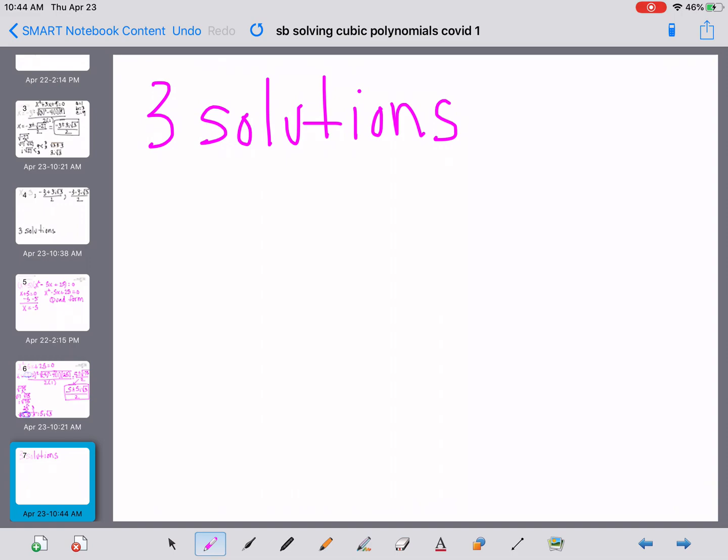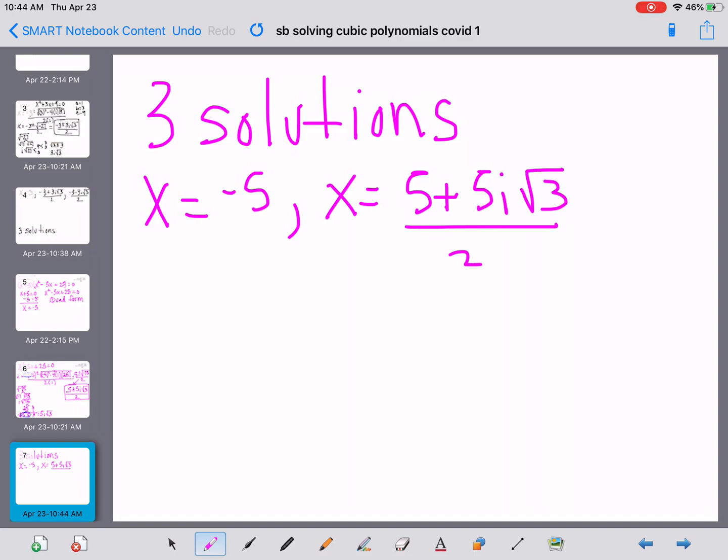If you look back at your paper, you can see them easier, but the first one we came up with was x equals negative 5. Then our next 2 answers, if you're very literal, are 5 plus 5i square root of 3 over 2, and I can't squeeze it in beside, but 5 minus 5i square root of 3 over 2.